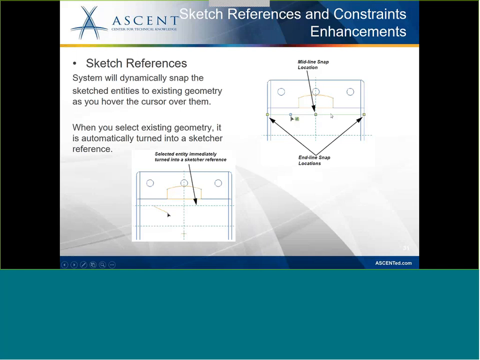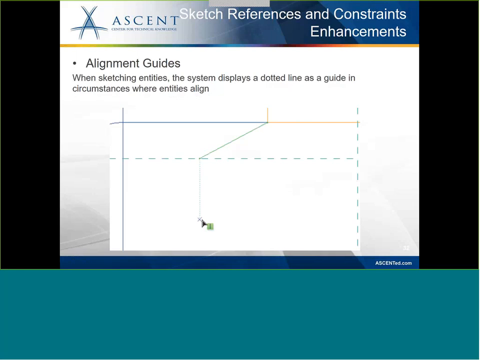In this case, I've placed my cursor over a horizontal edge. The system provides me a midpoint I could snap to, either end point I could snap to, or I can just move my cursor to any location along that edge and it snaps to it. And when I select that entity, it's immediately turned into a Sketcher reference. So obviously, watch out for parent-child relationships and that sort of thing, but you don't have to select those Sketcher references beforehand.